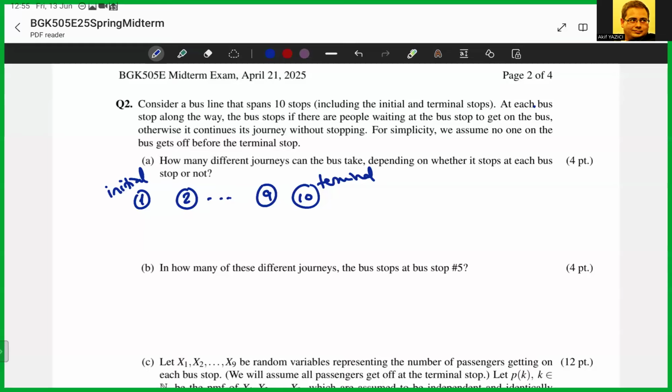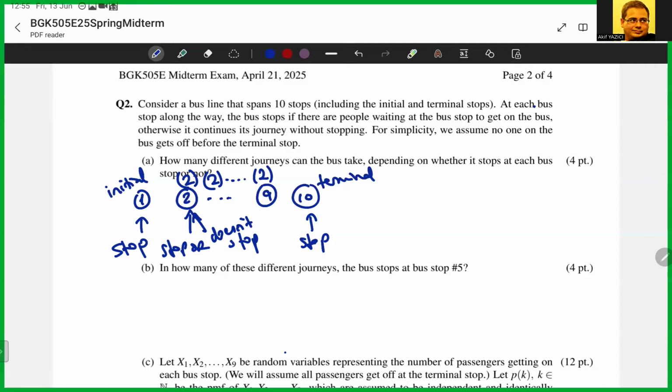I'm assuming it will definitely stop here and here, but at each of these middle stops it stops or doesn't stop, which gives me two choices each. Therefore, I'm going to have 2 to the power 8 different patterns. That's 256 different journeys.